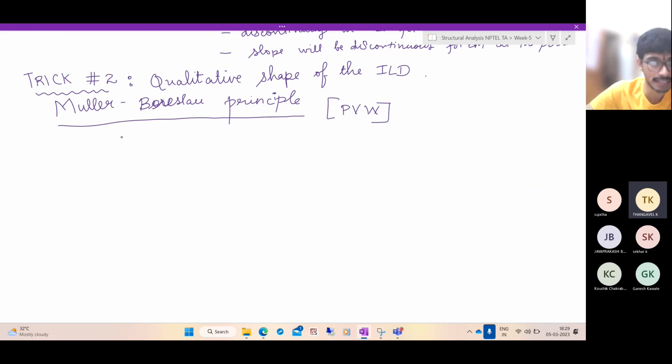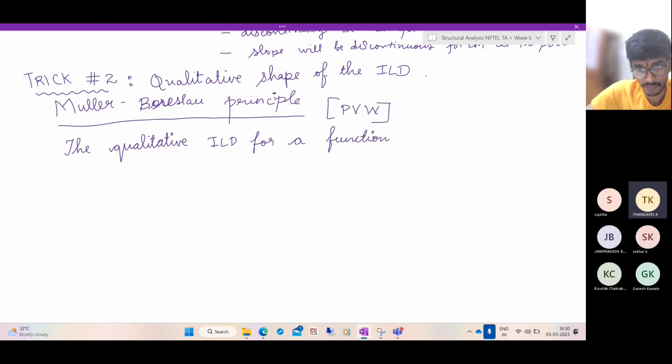But what does the trick say? It says that the qualitative influence line diagram for a function is to the same scale.